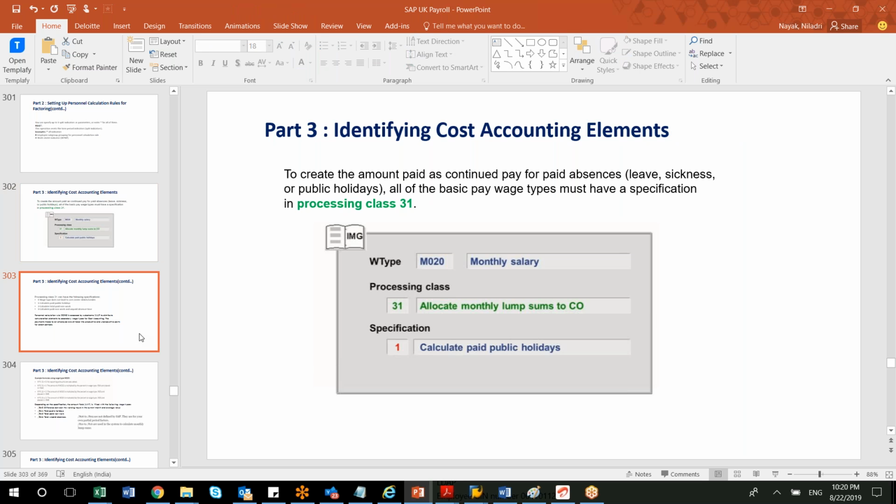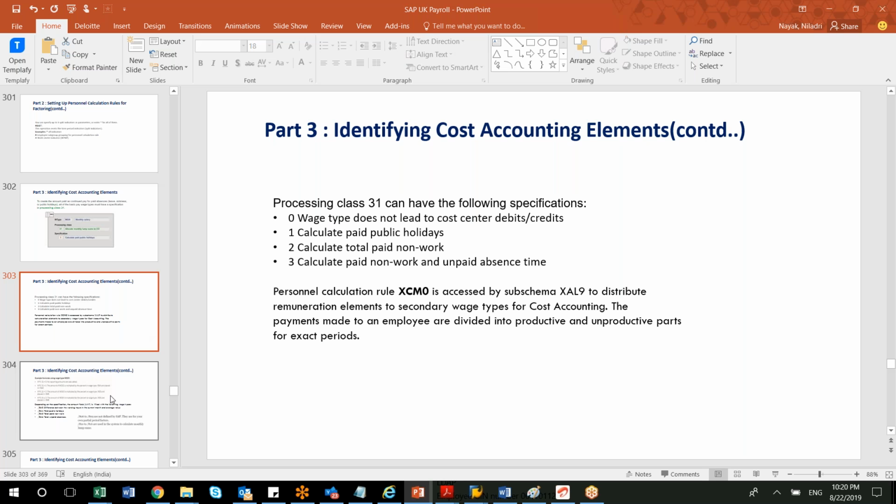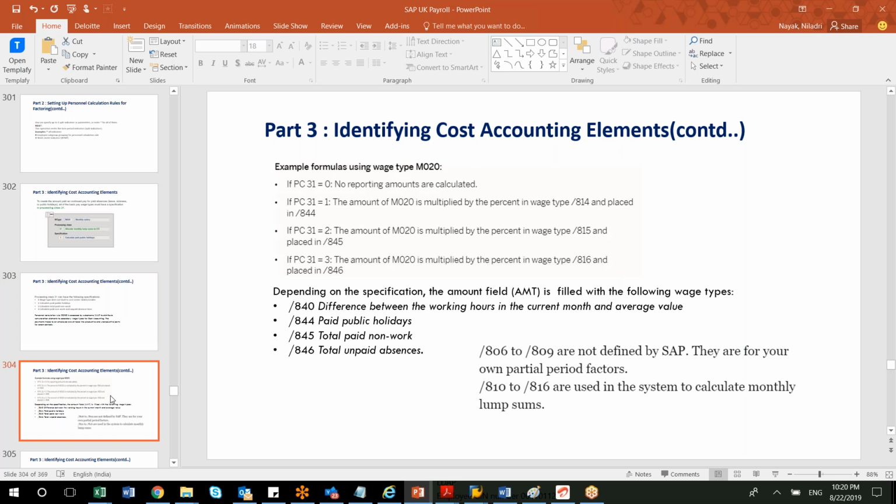Similarly, the next one, I have given multiple other examples. What will happen if we do not have the same specification? As I was telling, there will be different secondary wage types. Whenever you are doing any kind of factoring, here I have given one example.